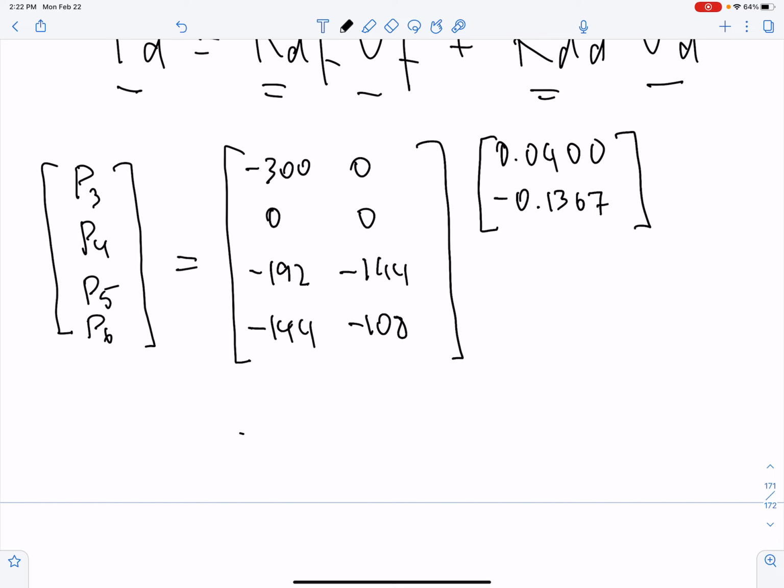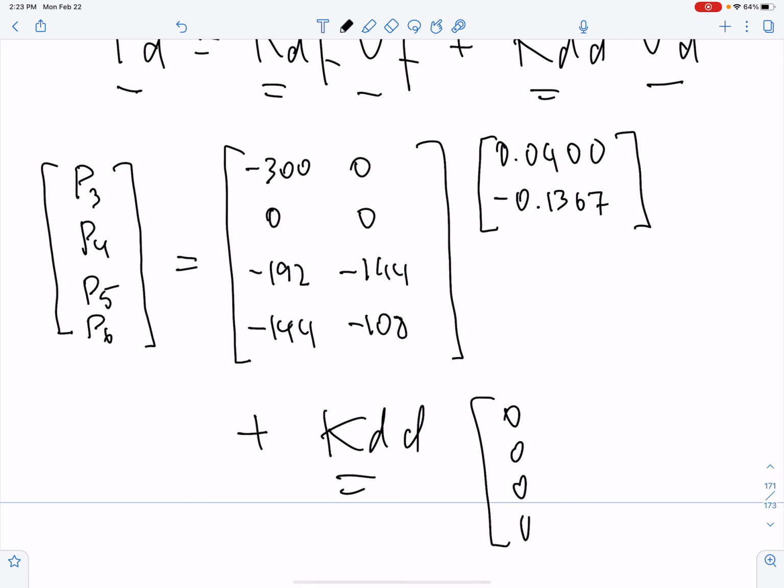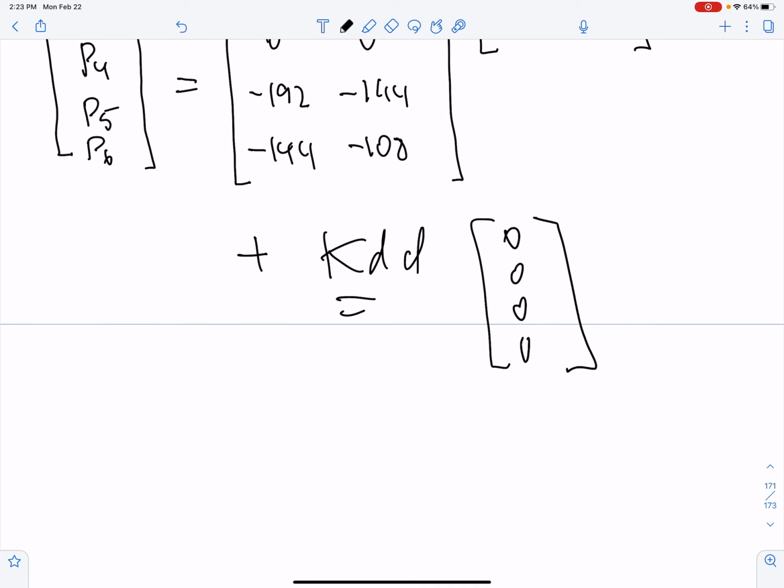For the second piece, I had plus KDD. I'm not going to write this out because UD is exactly 0, so it doesn't matter what KDD is. If UDs were not 0, say you want to prescribe some displacement as a result of settlement, or you have some information as to how the boundary is going to move.